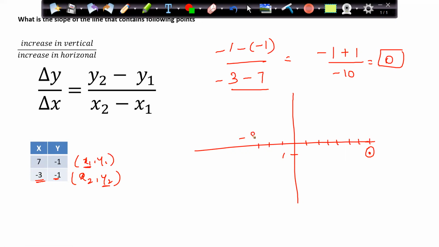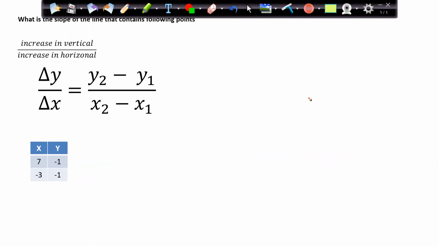This is -3. Minus 1. This is my second point. If I join this line, it's a straight line. There is no slope. That is 0. Right?